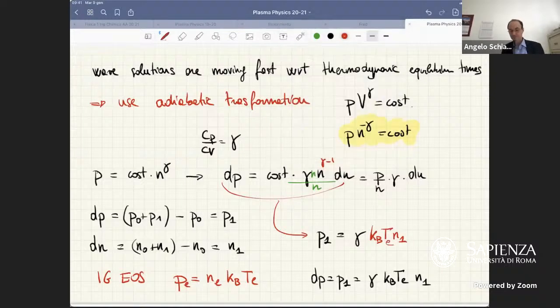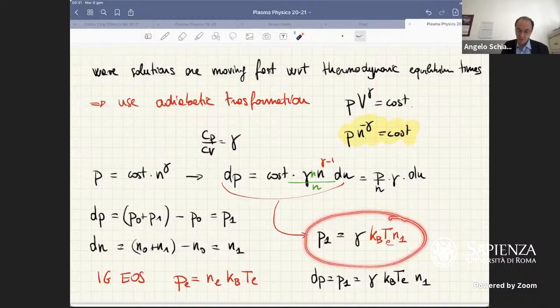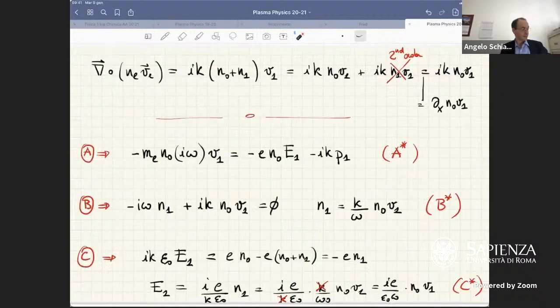Okay, so we have this term right now that we can plug into our A star equation. Almost ready to finish this derivation.